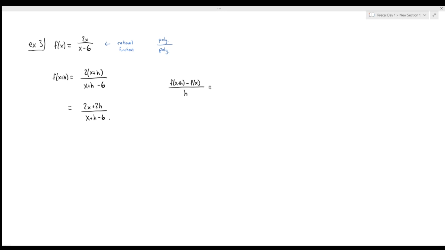So this is going to be a little bit messy. f of x plus h, let me write that down. This is f of x plus h. We're going to do minus f of x. And then all of this is divided by h.